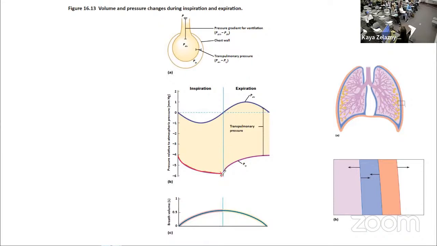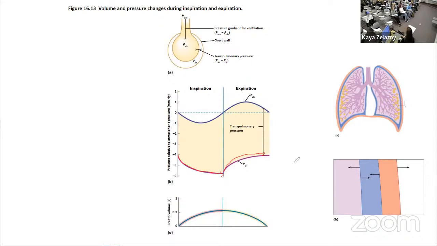Then you relax your muscles. They basically cave back in, everything in the chest, so that pressure goes up a bit more. We can now measure the transpulmonary pressure, the difference between those changing as well.